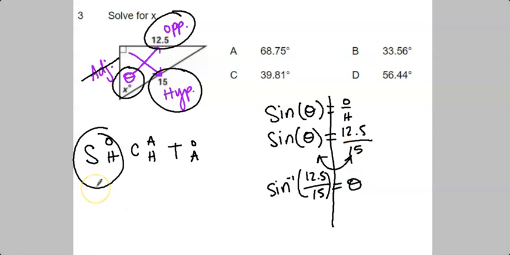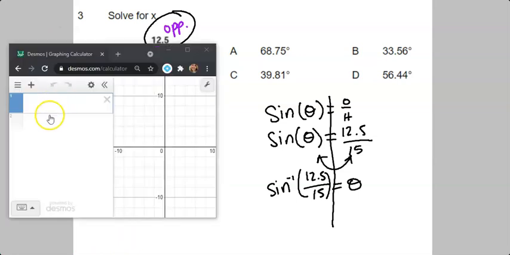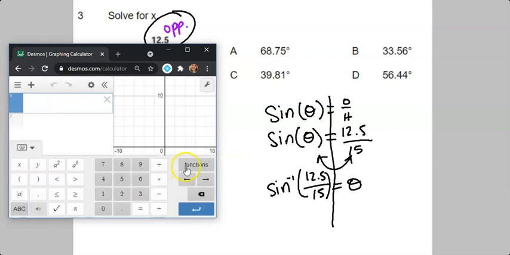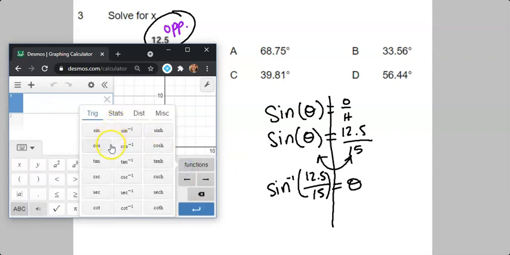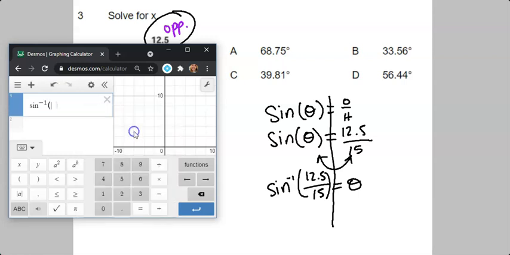At this point, it is calculator time, and we need to pull up Desmos. All right, so if you do your keyboard functions, you should see sine with a little -1, and then 12.5 divided by 15.